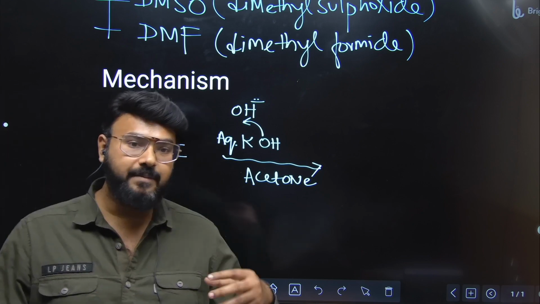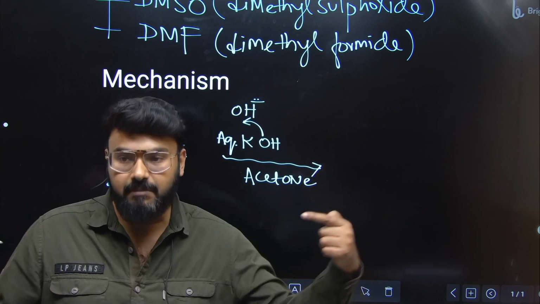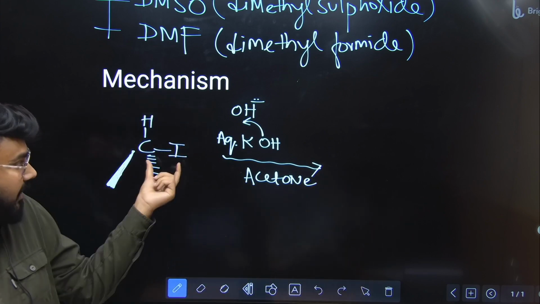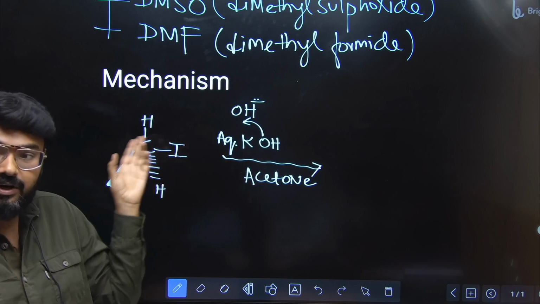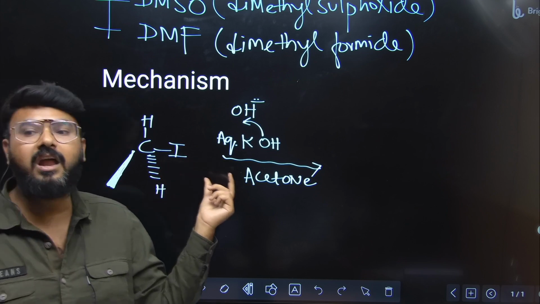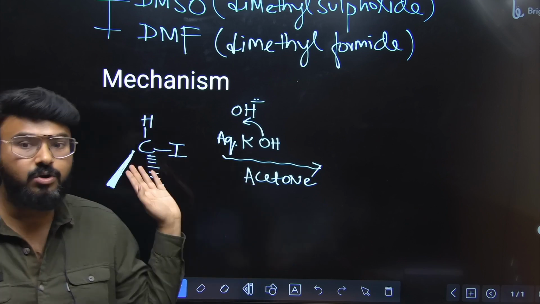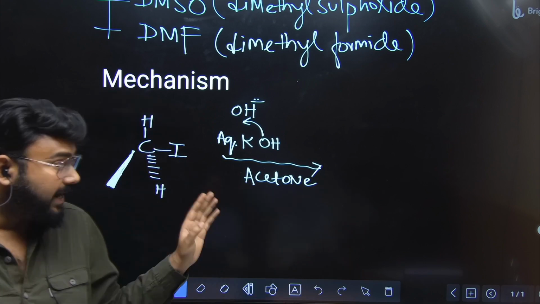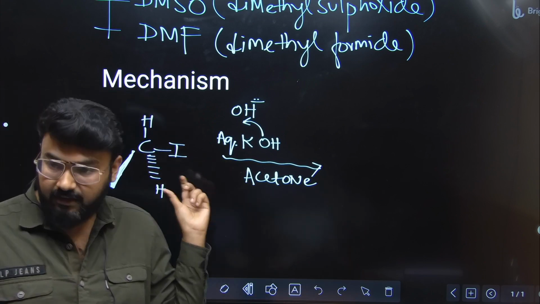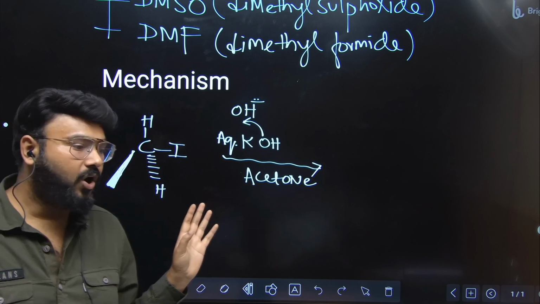In SN2, the breakup and the new bond formation happen at the same time, simultaneously. So when it is detaching, only then is the new bond forming. That is why it never allows the attack from the front. The nucleophile will repel, so that is why we only get inversion, no retention. Is it clear? Online, is it clear for everyone?